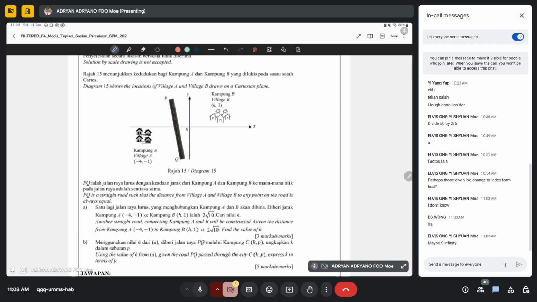So this one would be a perpendicular bisector. 因为它讲 A 去 PQ 跟 B 去 PQ 是一样的距离，所以我们可以 assume 它是一个 perpendicular bisector。这个很重要，他没有跟你讲它是 perpendicular bisector，所以你要懂。When the distance from two points to a straight line is always equal, 我们可以 assume 它是一个 perpendicular bisector.